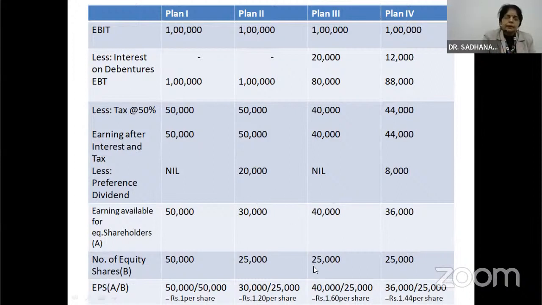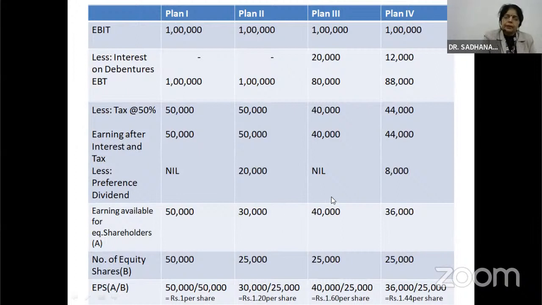After this we have to deduct preference dividend if we are using preference shares. In the first plan we are not using preference shares, so there is no deduction of preference dividend, and in plan 2 we have used preference shares, so the preference dividend amount is 20,000 which is deducted from earning after interest and tax 50,000, it comes 30,000.